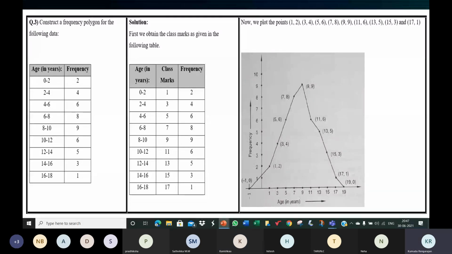No, I want you to say the imaginary class interval before 0 to 2. Minus 2 to 0. Yeah, minus 2 to 0. And what is the imaginary class interval after the last one?